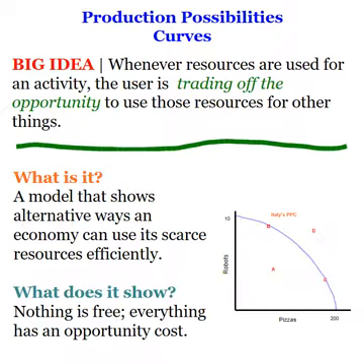We're going to assume that we're looking at it in a limited amount of time with limited resources because remember, there's scarcity in the real world. So in order to make more robots, you're giving up the ability to produce pizza. And that is this trade-off, that if you're making more of one, you're going to make less of the other good. That any choice, remember, has an opportunity cost.